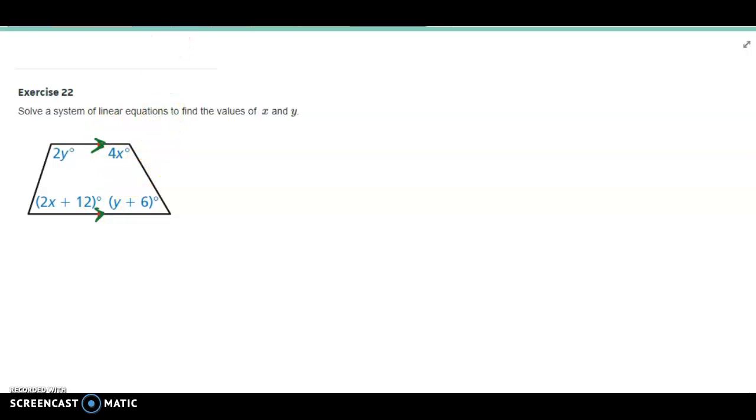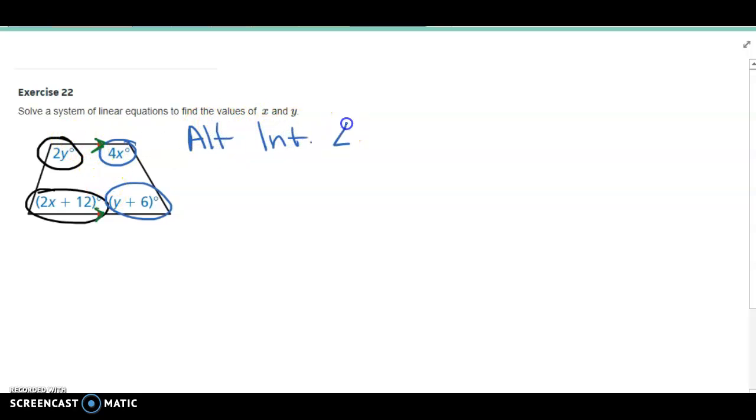As I'm sure you've probably figured out, that means that this angle and this angle are alternate interior angles. And it also means that this angle and this angle are alternate interior angles. In this section we learned that when the lines are parallel, which they are, alternate interior angles are supplementary.